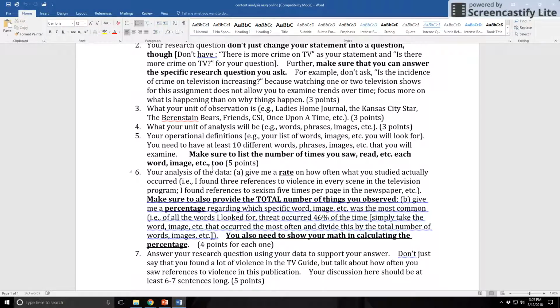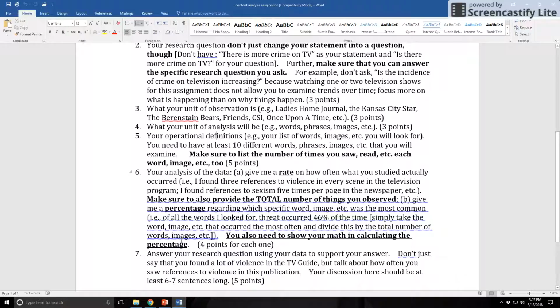I would divide 15 by 30, right, which is 50%, half the time. So I'd say 50% of the time, the thing that occurred most commonly was guns. If I saw 15 total things, and the most common was 5, let's say guns, then I'd say the most common thing I saw was guns, which occurred 33% of the time.